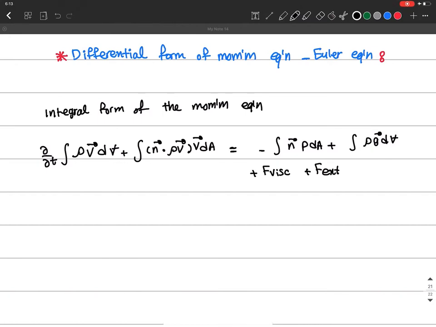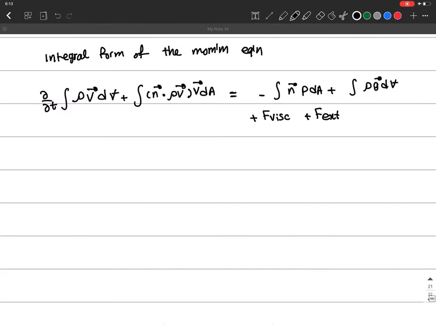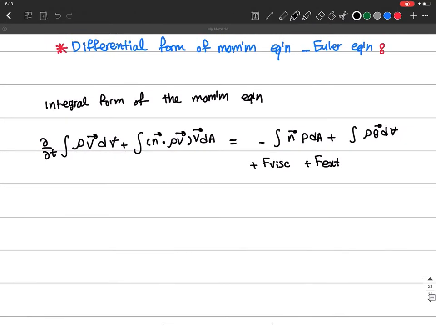Now this is the integral form of the momentum equation, and we consider inviscid flows, where F viscosity is 0.